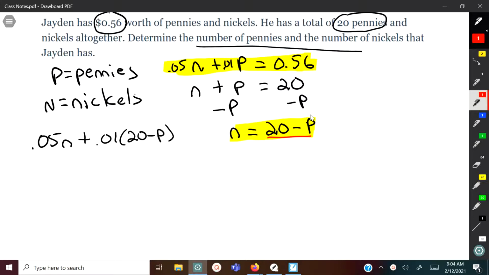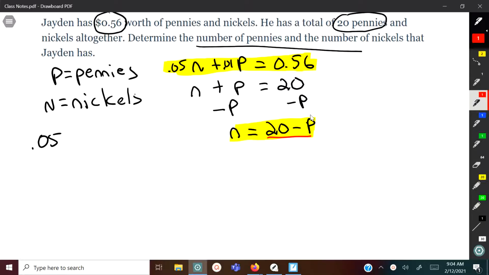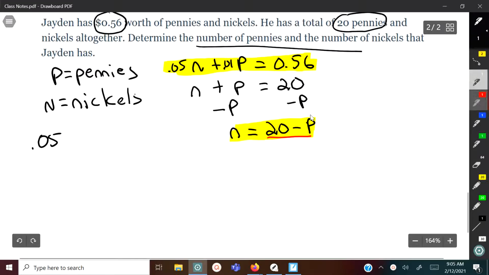This doesn't go there. Let's fix that. We're going to plug that here. 0.05 times 20 minus P, plus 0.01P is equal to 0.56.